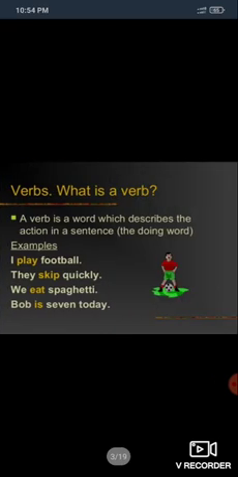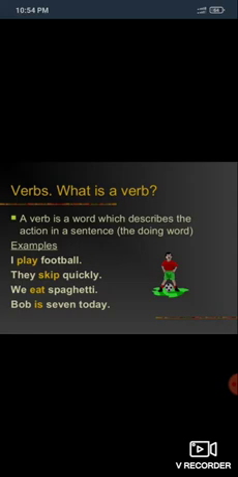So what is a verb? A verb is a word which describes the action in a sentence, like the doing words. Here, an example you can see: I play football. They skip quickly. We eat spaghetti. Bob is 7 today.